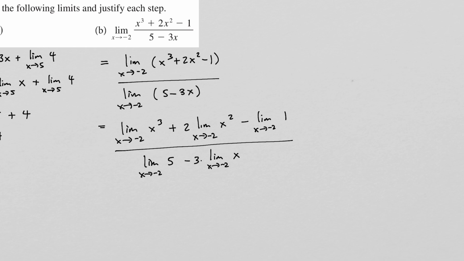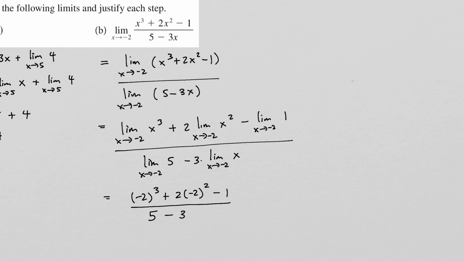And now to evaluate these limits, we can use the rule that says you can simply substitute negative 2 in for x. And so doing that here, we get negative 2 to the third power plus 2 times negative 2 to the second power minus the limit of a constant is a constant. In the denominator, the limit of a constant is a constant.